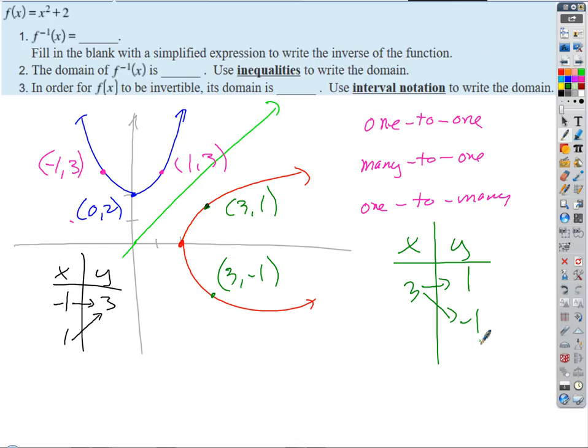So what could we do then? If we go back to our original function, how could I keep as much as possible but erase everything I need to make it pass both tests? What's a good strategy, do you think? Where's going to be the point where I would maybe start erasing? The vertex, right? Good, I could start at the vertex, and how about if I just keep everything in quadrant 1, right?